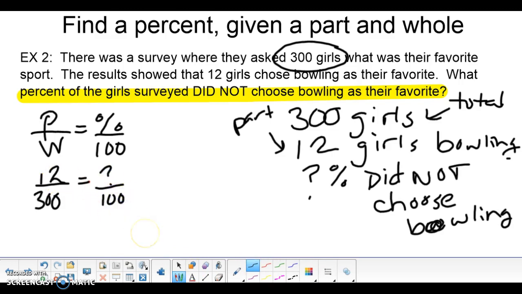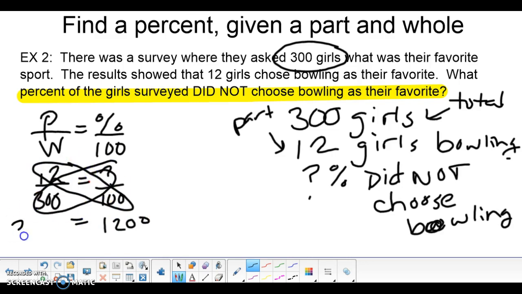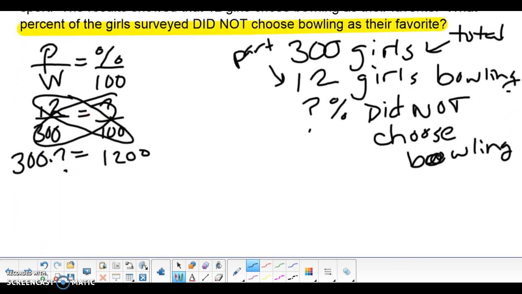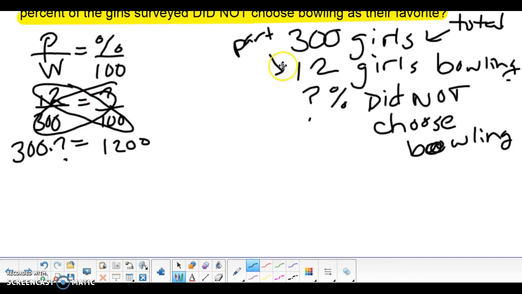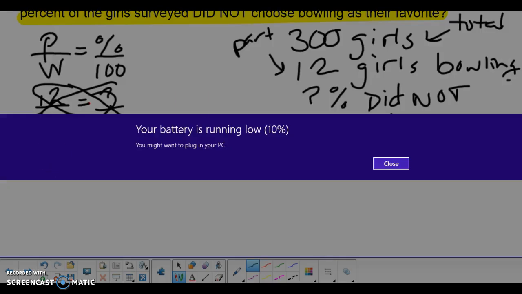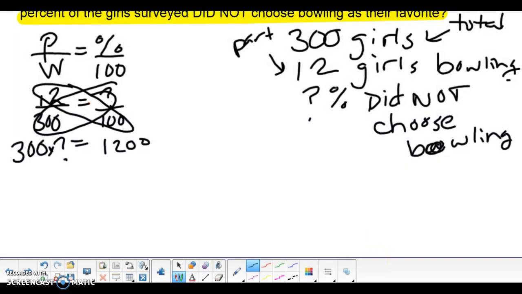So now we just simply cross multiply. 12 times 100, that's 1,200, equals 300 times some number. So 300 times what number equals 1,200?